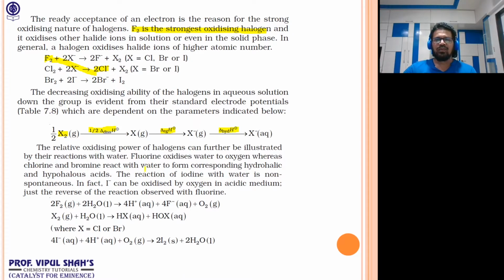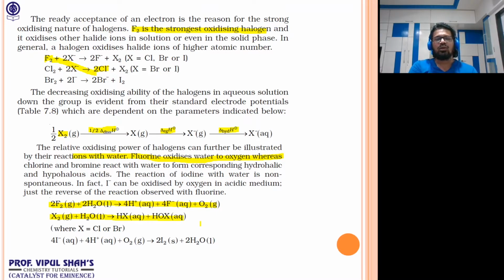Okay, so this can be illustrated over here. Look at this part. Fluorine oxidizes water to form oxygen. Fluorine with water: fluorine gets reduced to fluoride and water is oxidized, oxygen is released. That's one. Then in the same way, the other halogens, chlorine and bromine, react with water and form their corresponding hydrohalic acids.